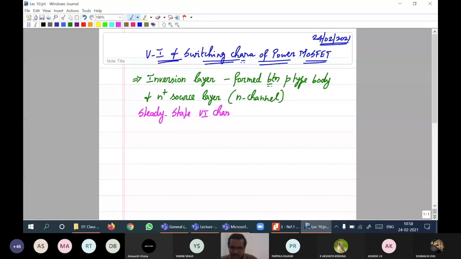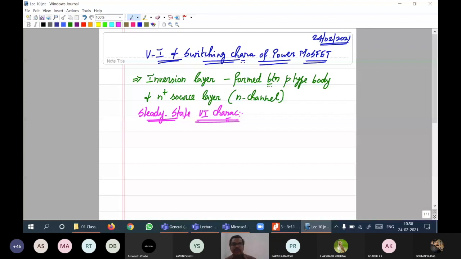We'll be discussing steady state VI characteristics. Now, steady state VI characteristics is a plot of the power terminal parameters, which is ID versus VDS, drain to source voltage.